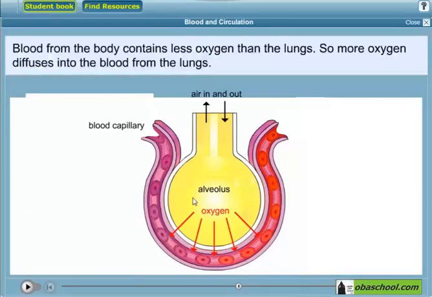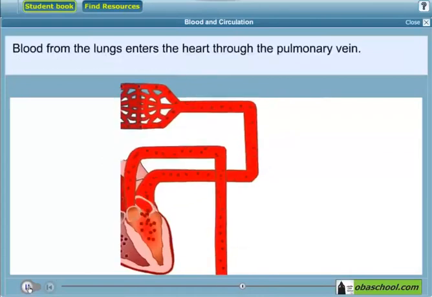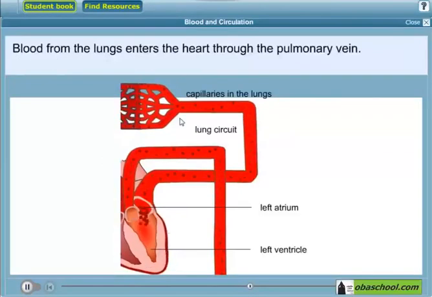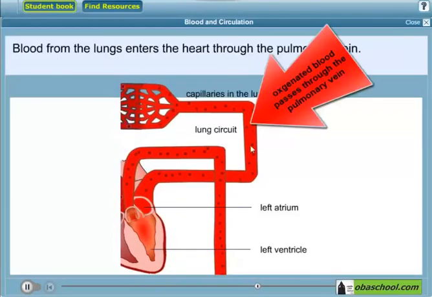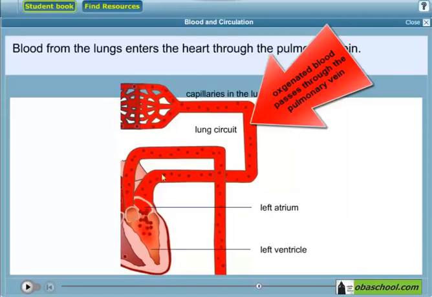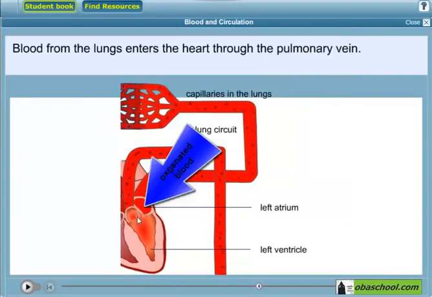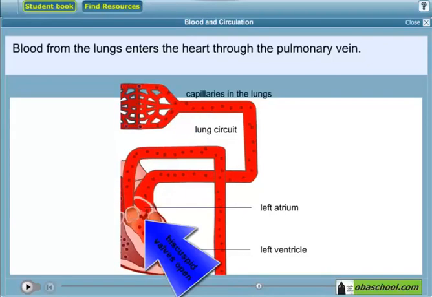So now, the oxygenated blood is going to exit the lungs through the pulmonary veins, and the pulmonary veins will take it to the left auricle or the left atrium of the heart. This is where oxygenated blood collects in the heart. Then it contracts.